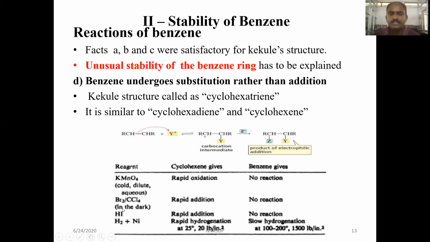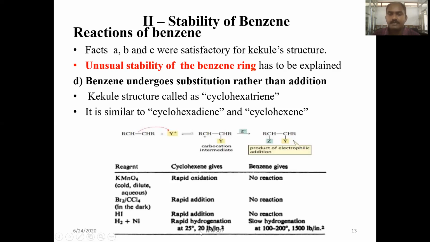Even with HI, hydrogen iodide, the reaction with cyclohexene is very rapid, but there is no reaction with benzene. What this information gives is that benzene is not undergoing addition reaction, but it may undergo substitution reaction. But when benzene is hydrogenated in the presence of a catalyst, a slow hydrogenation takes place at high temperature and high pressure.